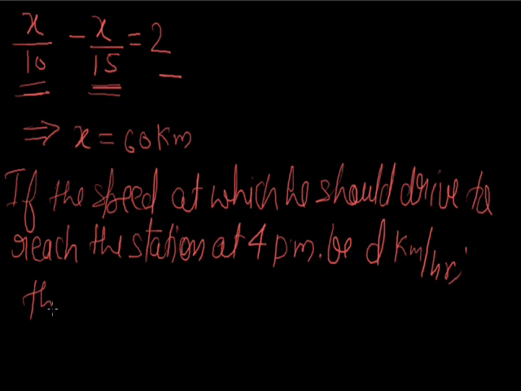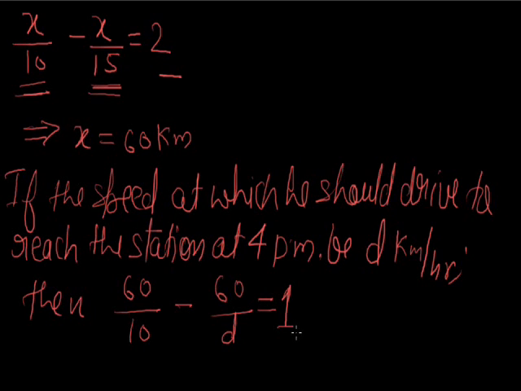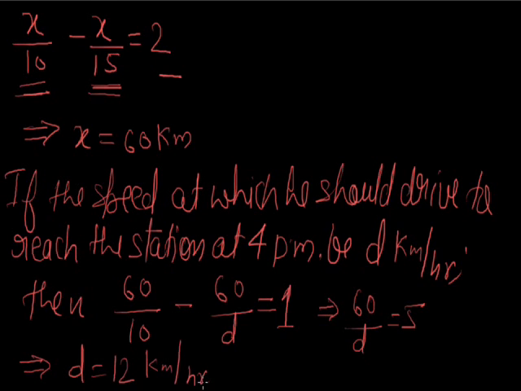Then distance upon speed, 60 upon 10 minus 60 upon d, that is the time taken in the second condition, is equal to 1, because the difference between the times is 1. By solving this equation we will have 60 upon d is equal to 5, or d is equal to 12 km per hour. So at 12 km per hour he should drive to reach the station.